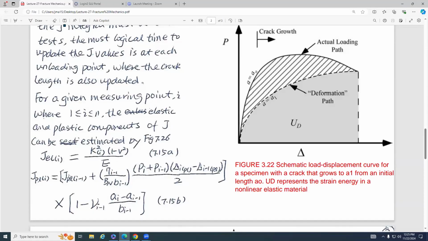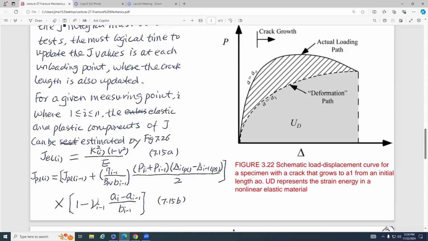And we have J_pl(i-1), this is the previous step. B_N, we know that B_N is the net thickness of the specimen. b is the ligament length, and i minus 1 means the i minus 1 step. Eta is the constant, and eta_(i-1) is also the eta value at the i minus 1 step.